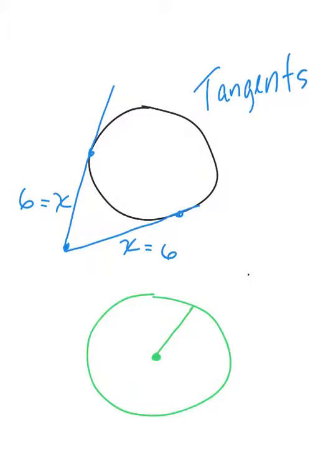And this one you're going to draw on your formula sheet too, because this is a rule that you don't have on the formula sheet. If I have a tangent coming off of that circle, it can only be drawn where it makes a right angle with the circle. So you know you have a right triangle. If you have a tangent and a radius hitting each other, then it makes a right triangle.